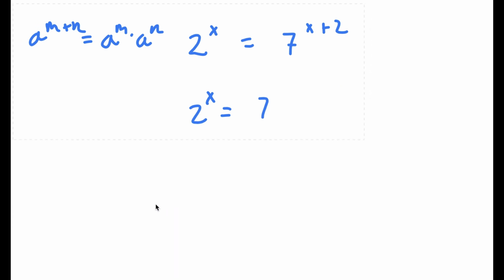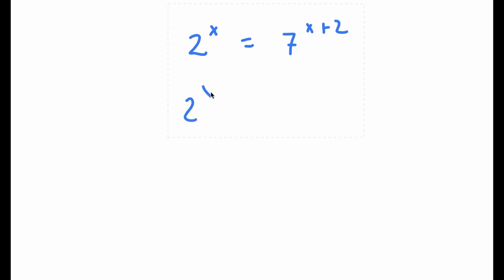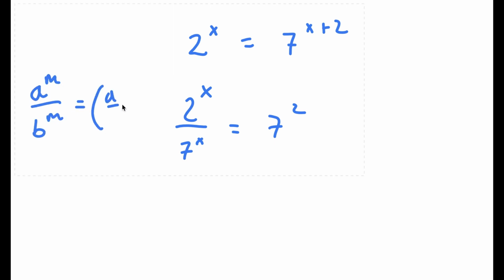So now let me clear all this up. So I have 2 to the power of x over 7 to the power of x is equal to 7 to the power of 2. Now, if I have something in the form a to the power of m over b to the power of m, this is equal to a over b to the power of m.